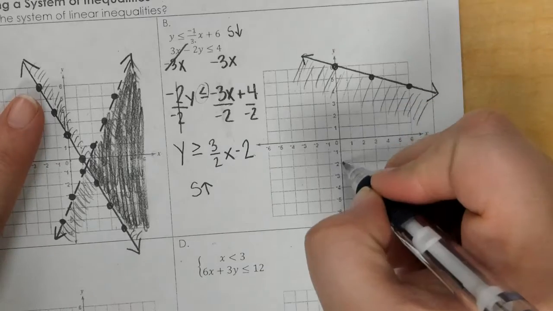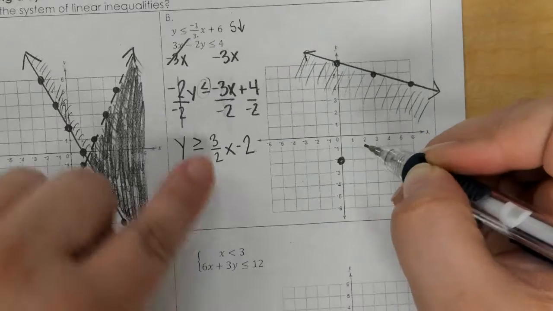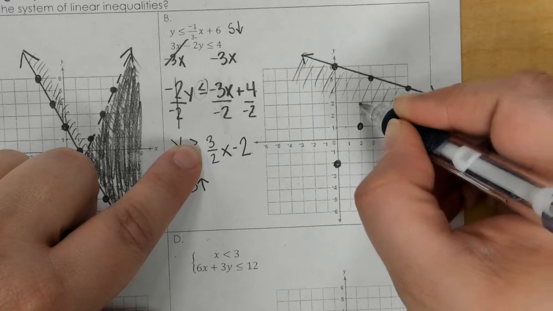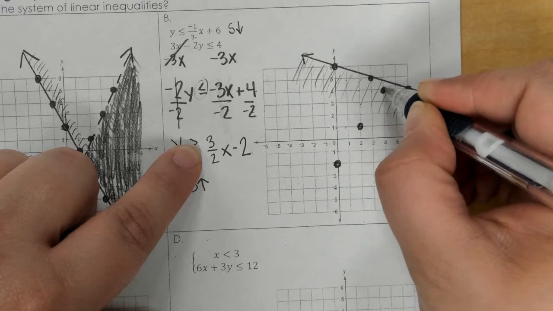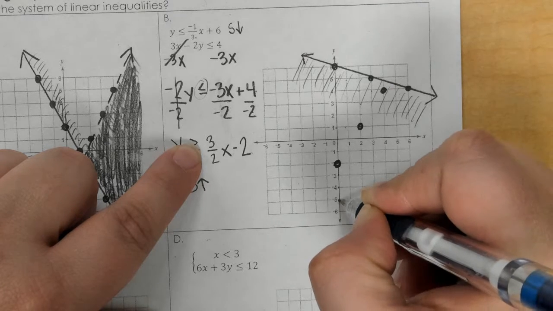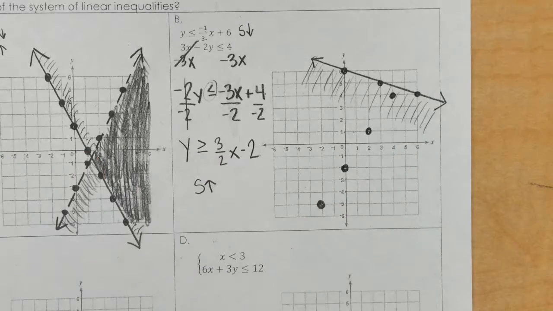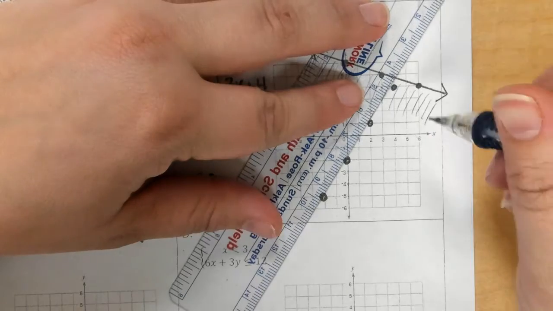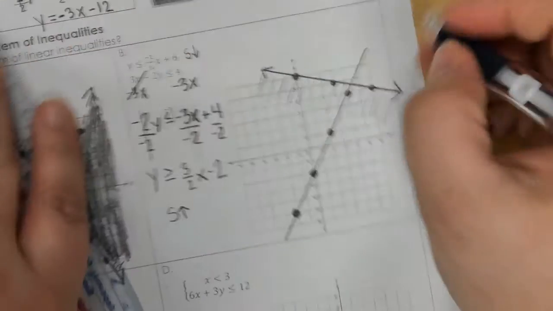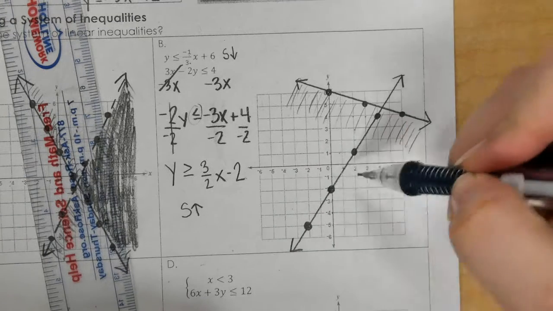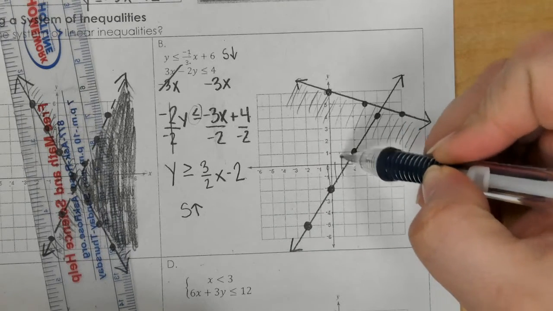So starting at negative 2, I'm going to go up 3, right 2, and down 3, right 2. Draw my solid line. And shading above, we go this direction.